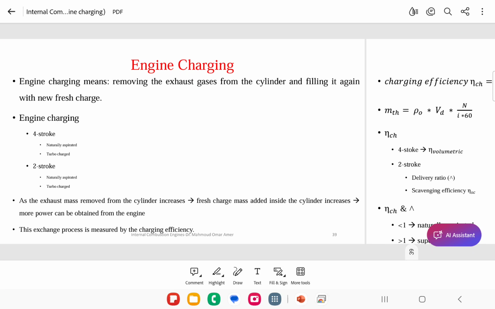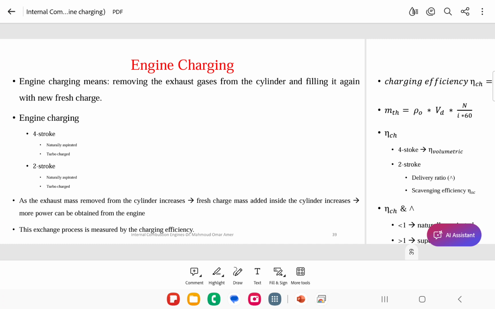What is engine charging? Engine charging means you remove the exhaust gases from the engine and refill it with new fresh charge, which is the process of intake and exhaust.